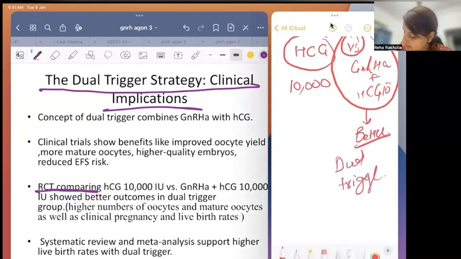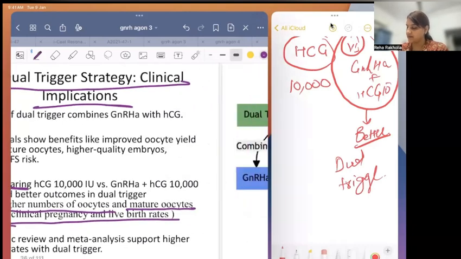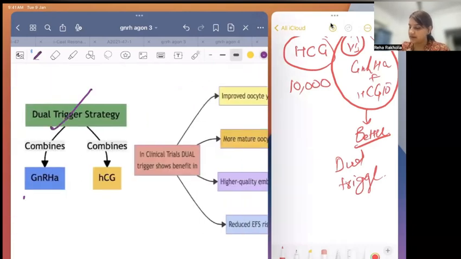It has a higher number of oocytes, more mature oocytes, as well as a higher clinical pregnancy and live birth rate in dual trigger. See, dual trigger is a combination of GnRH agonist and HCG.